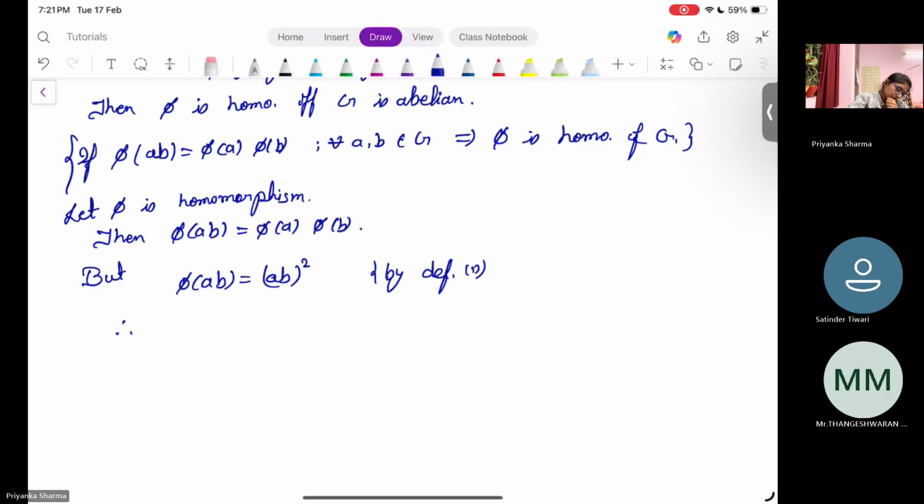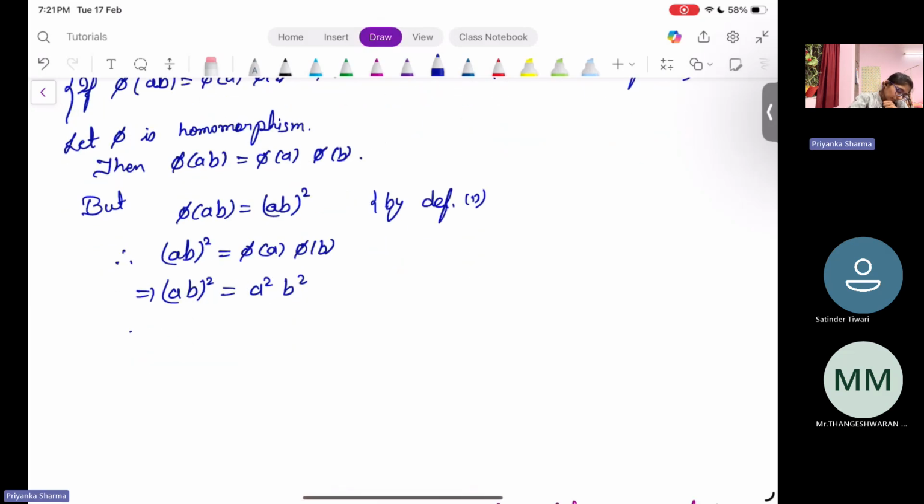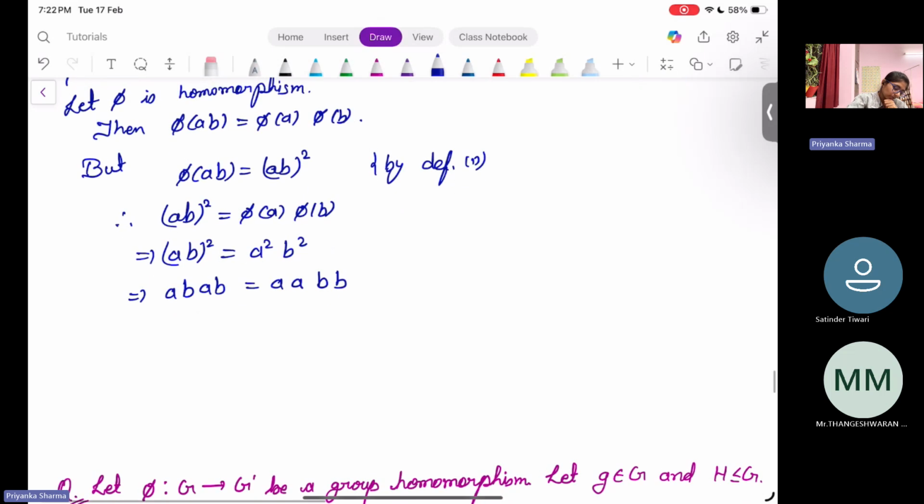So ab square will be phi of a, phi of b, or ab square will be a square, b square. Now ab square is basically abab, and this is abb. We can apply the left cancellation law and right cancellation law, and then we will get ba is ab. And a and b were arbitrary, so we can conclude that G is abelian.